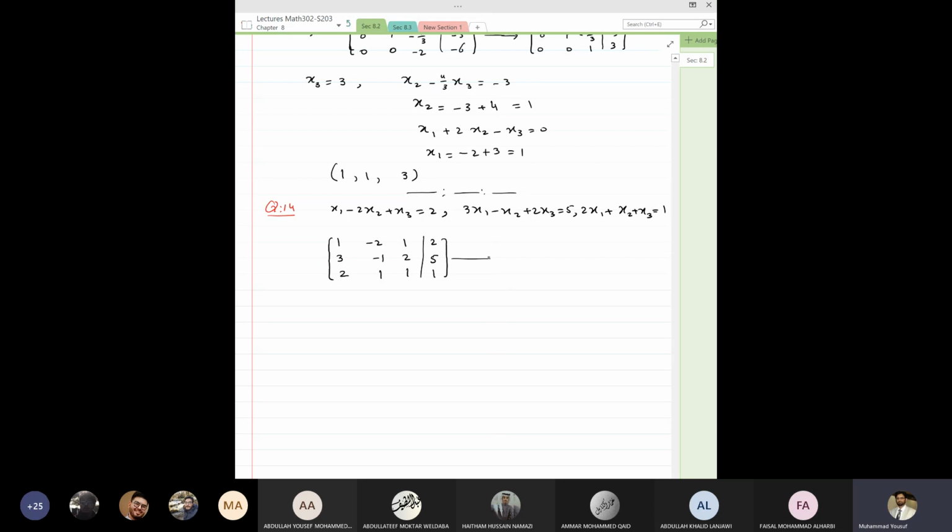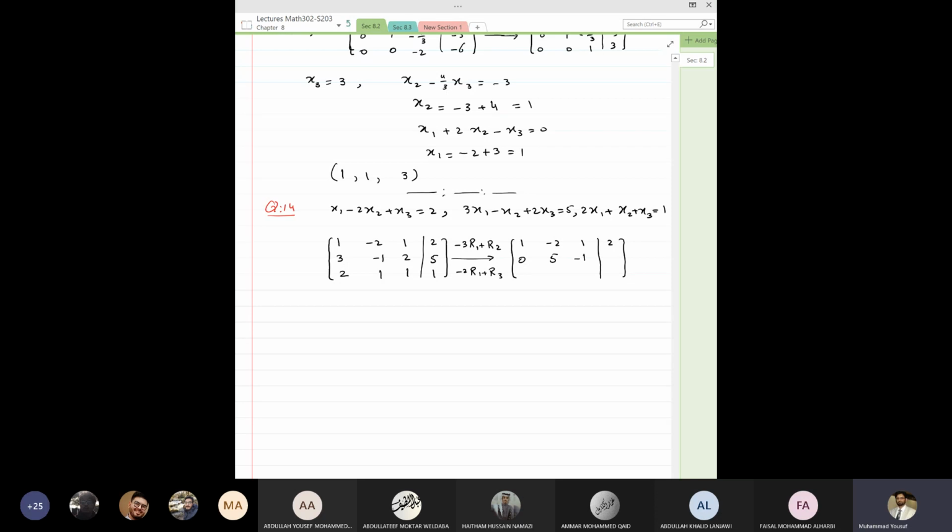Now, luckily, we have leading coefficient in the first row 1, and then negative 3 times R1 added to R2, negative 2 times R1 added to R3. So 1, negative 2, 1, 2. Negative 3, positive 3, 0. Negative 2, negative 3, 6, 6 minus 1, 5. Negative 3 plus 2, negative 1.